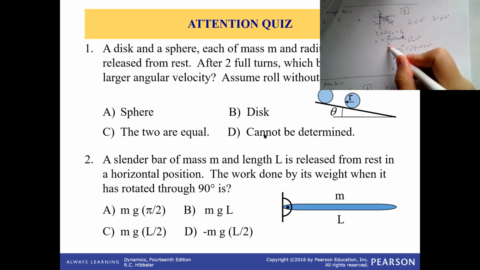So that's the work done. You do integration of that, and it turns out to be mgl over 2 times sine of 90 degrees, which is 1. So work done by gravity, or the weight, should be mg times l divided by 2. So this will be C on this one.